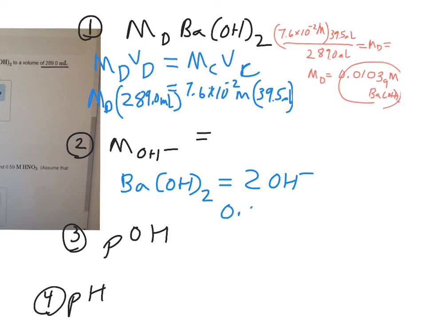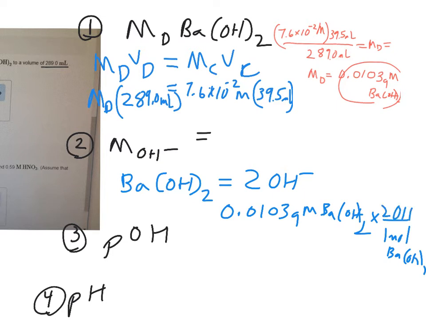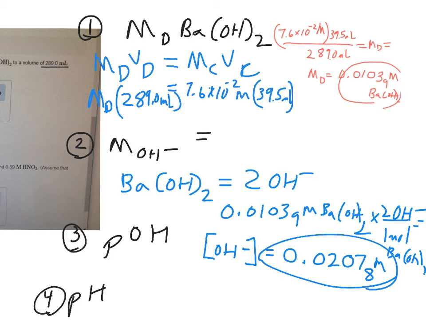So if I have a concentration of 0.01039 molar barium hydroxide, then I have 1 mole of barium hydroxide to 2 moles of hydroxide equals a concentration of hydroxide of 0.02078 molar. So that's my concentration of hydroxide.